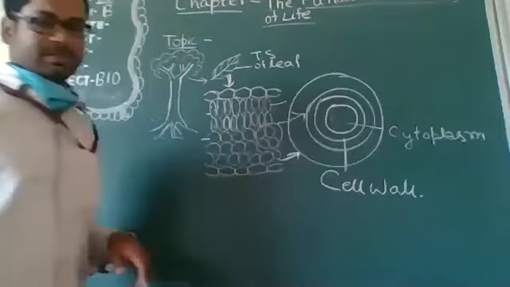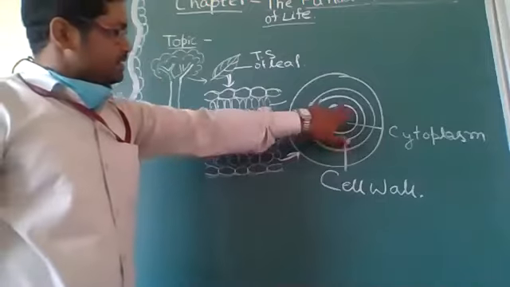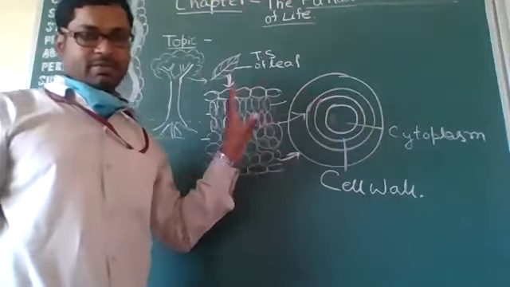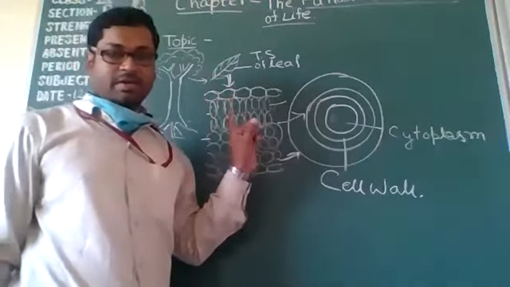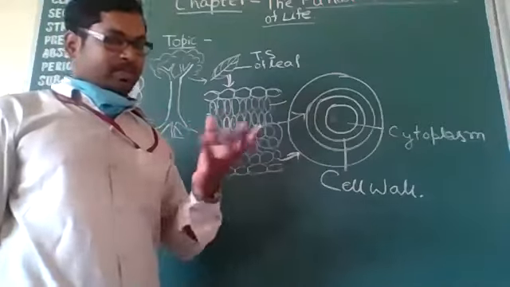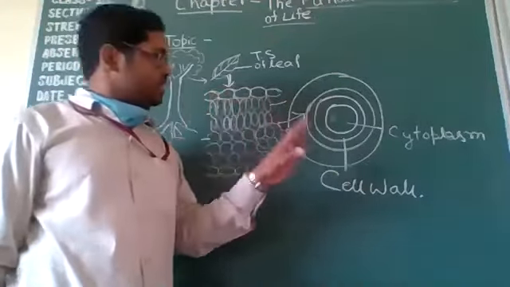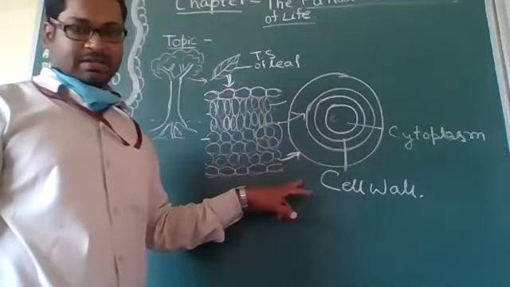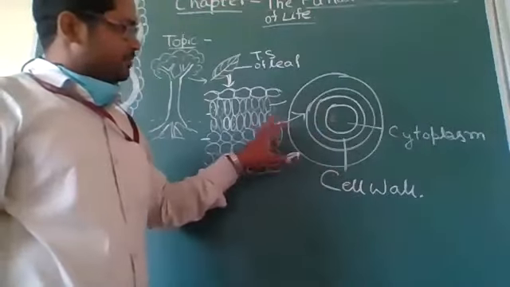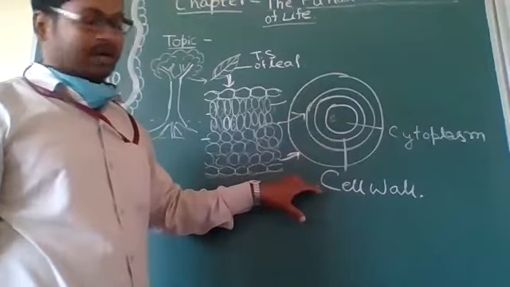When we study a cell, and see it in an electron microscope, not our compound microscope which we have in our school, we cannot observe that type of structure in the compound microscope. Through an electron microscope we can observe the plasma membrane and cell wall.